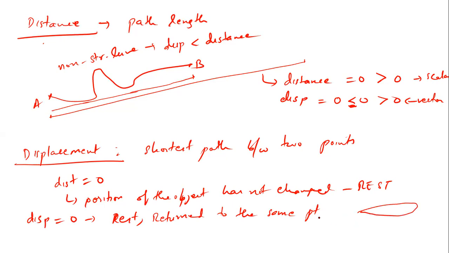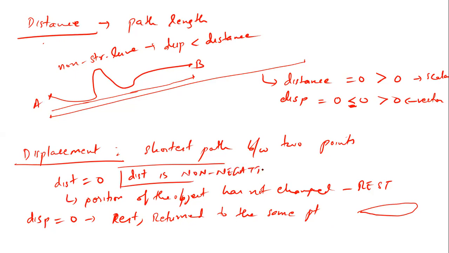So this is nothing but your object returned to the same point after a finite interval of time. So then you can say displacement equal to 0. Thus, whenever we talk about displacement, we have to be very careful. But in case of distance, this is what it is. And the distance can never be negative. One important point which we need to look at here is that distance is non-negative.